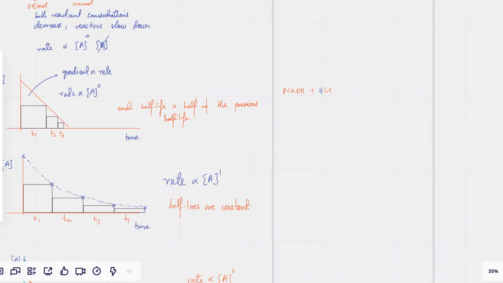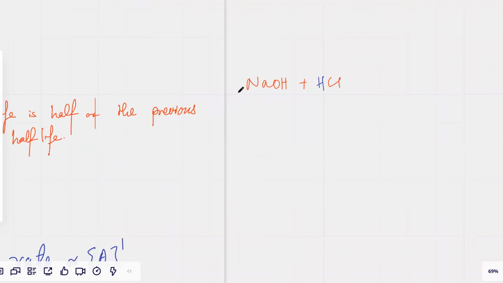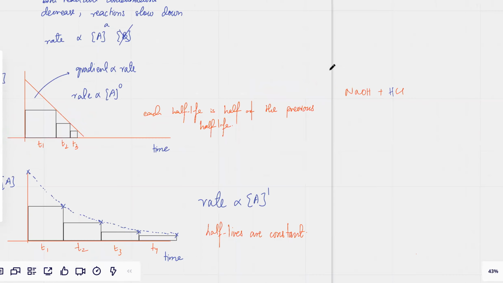Now the problem would be, how can you measure the concentration with respect to time in real time? If this reaction takes probably 20 seconds, how can you measure the concentration of NaOH at every second? How could you measure the change in concentration of HCl at every second and simultaneously plot a graph and figure out how the concentration of NaOH is changing during the reaction?